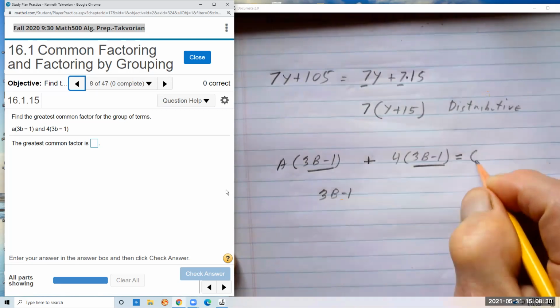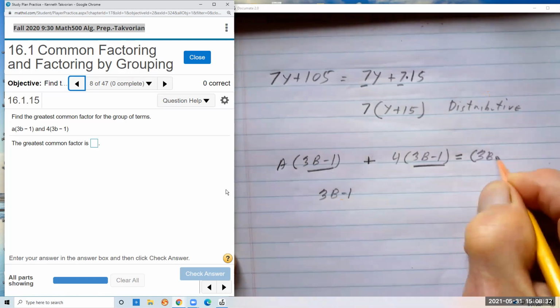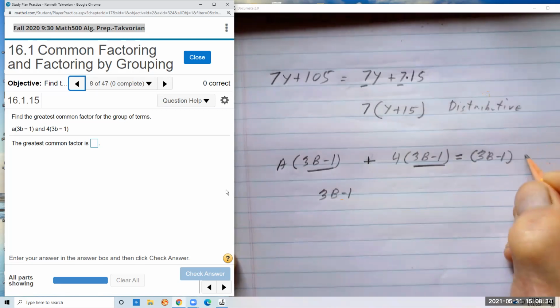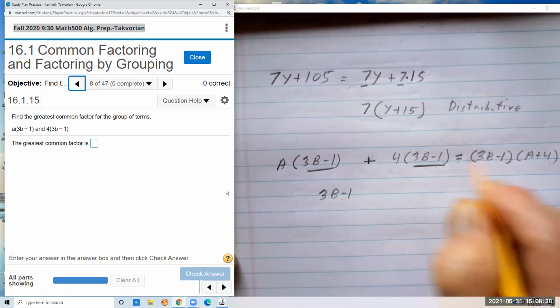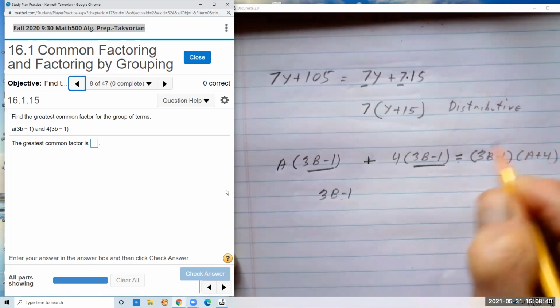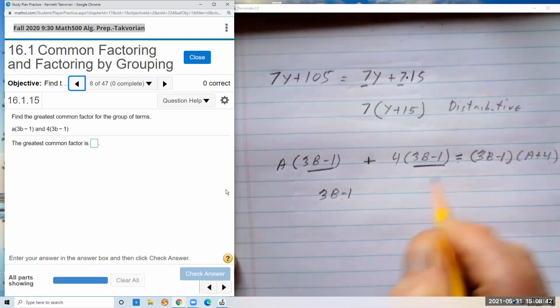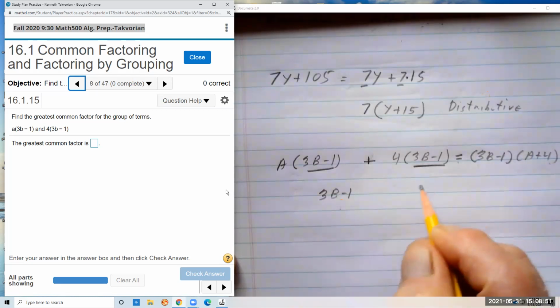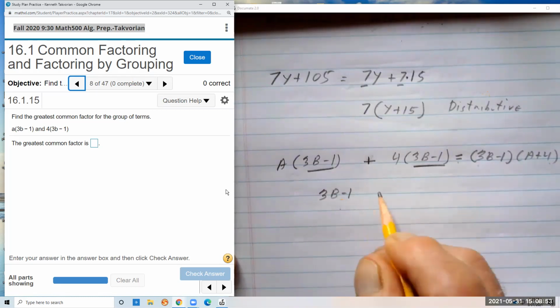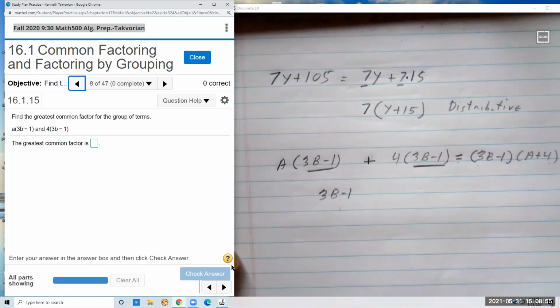That means the greatest common factor is 3b minus 1, but what's left is a plus 4. When we have the equal sign, we have to write the resulting product. And when we don't have the equal sign and it's just asking for the greatest common factor, we just write the greatest common factor. So notice the difference with an equal sign and without the equal sign in the original problem.